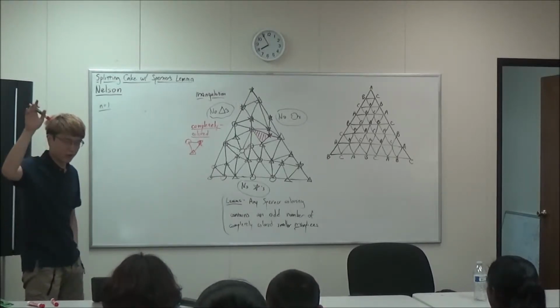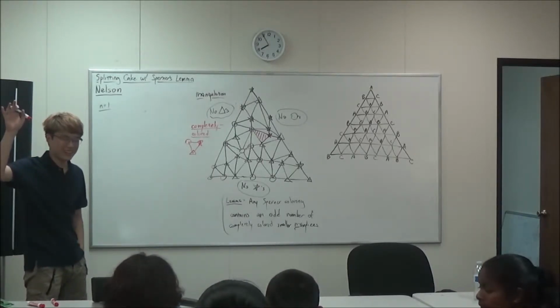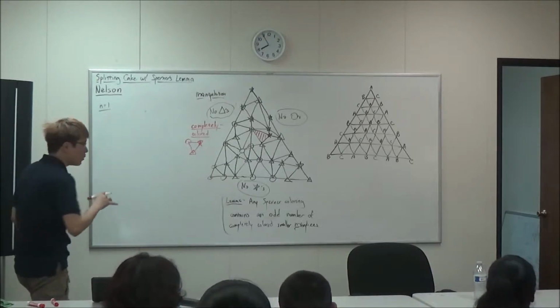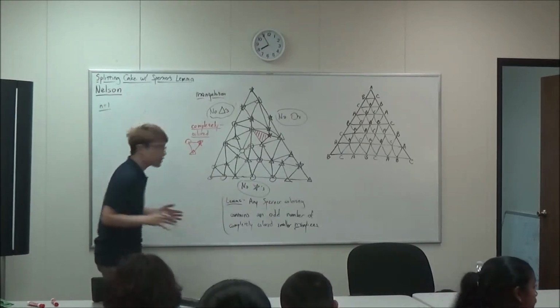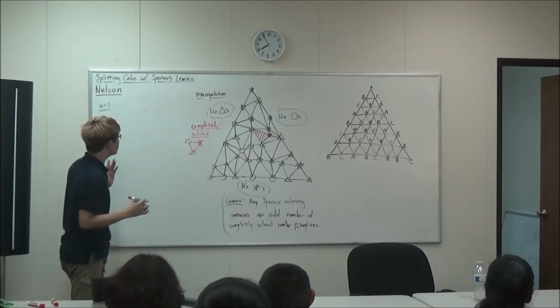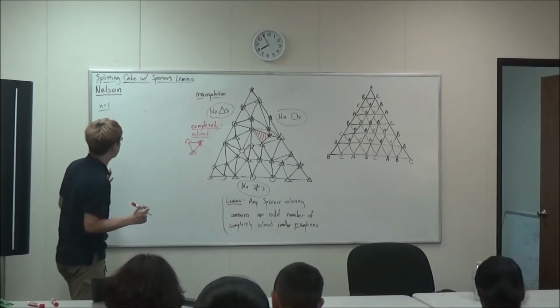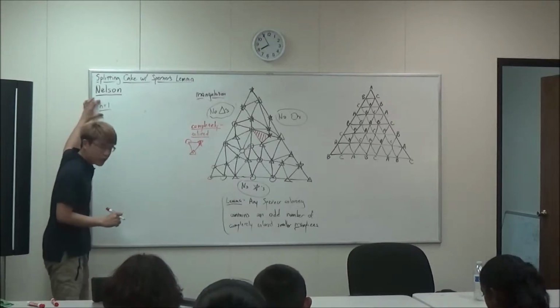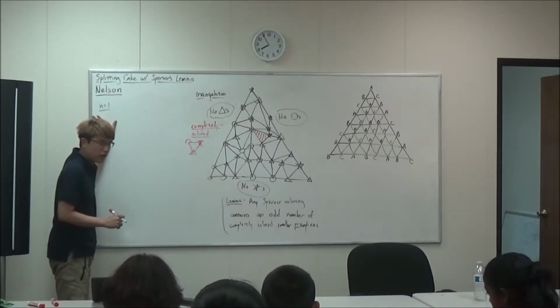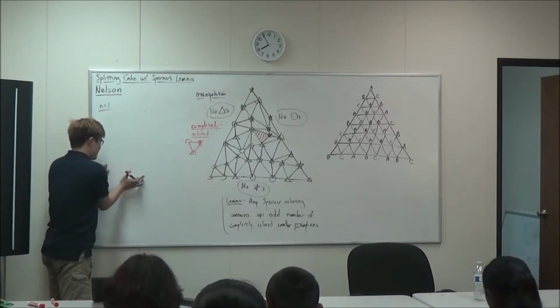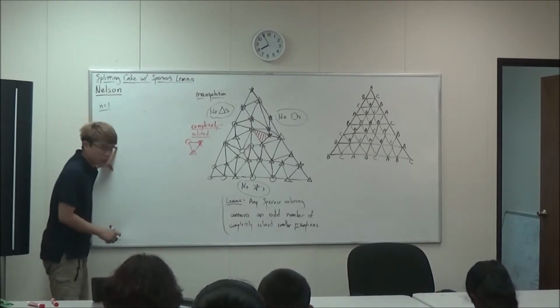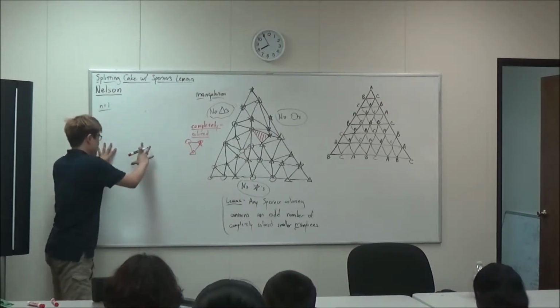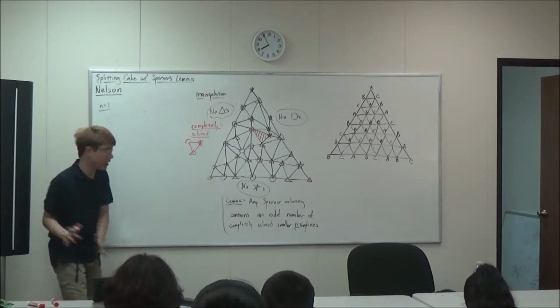Raise your hand if you know what a proof by induction means. Basically what we're going to show is that this is true for n equals 1, and then we're going to use the fact that it's true for something smaller to show that it's true for something larger. And I'll show you what I mean in a second.